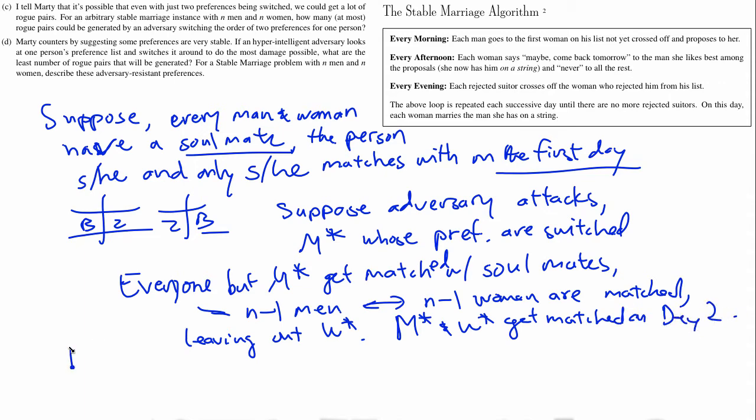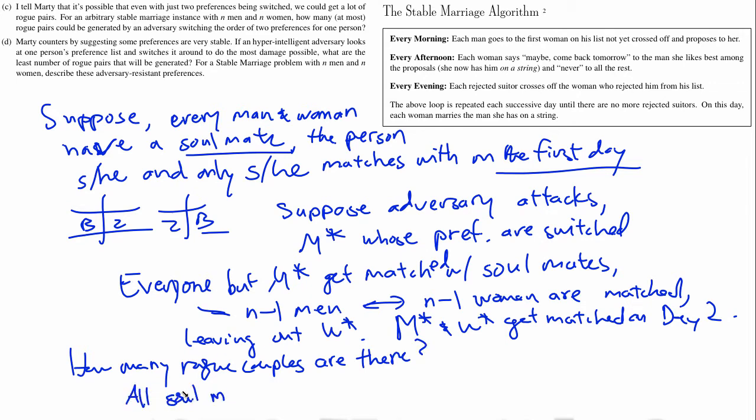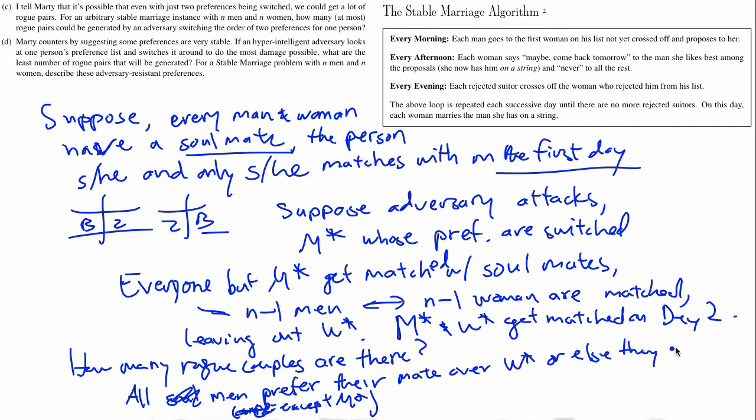How many rogue couples are there? Well, if you think about it, all men, except M star of course, prefer their mate over W star, or else they would have proposed to W star.